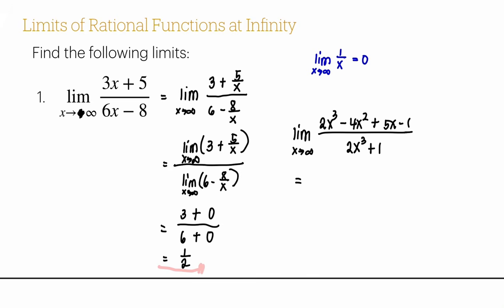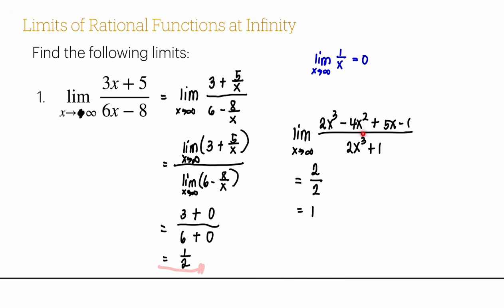And so the coefficient of x cubed in the numerator is 2, and the coefficient of x cubed in the denominator is also 2. And so our limit is 1. So all we need to do is to look at the coefficients.